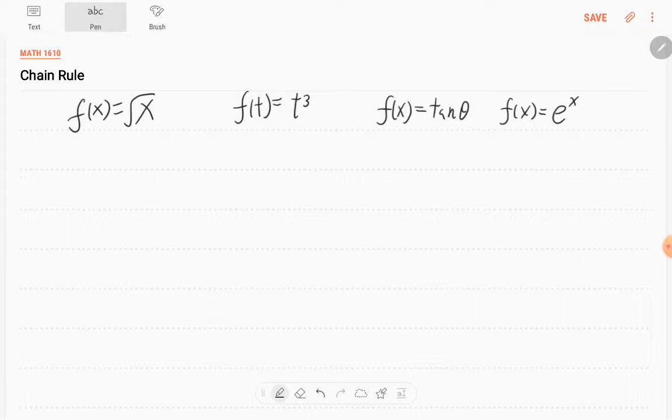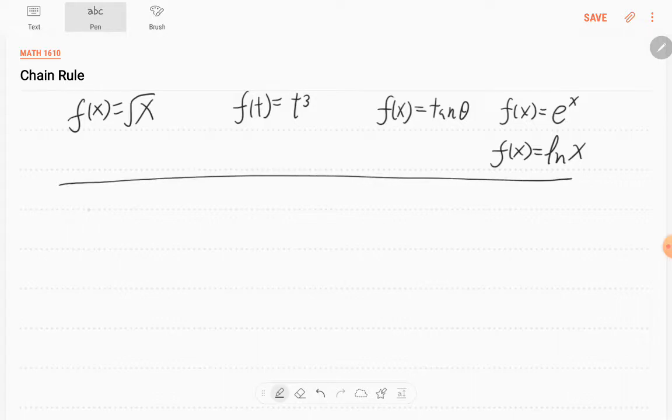Of course, the derivative of the natural log of x. So we can use the basic rules to take the derivative. But if we have another function, for example, the square root of 5x minus 8.